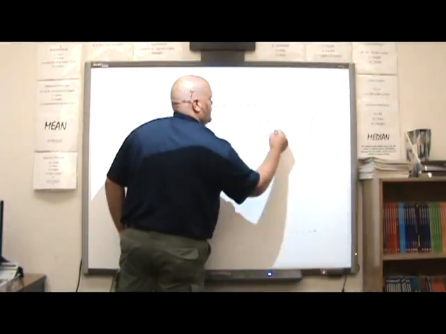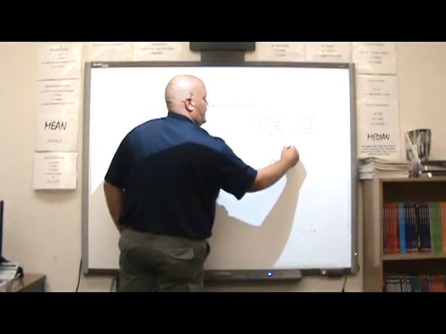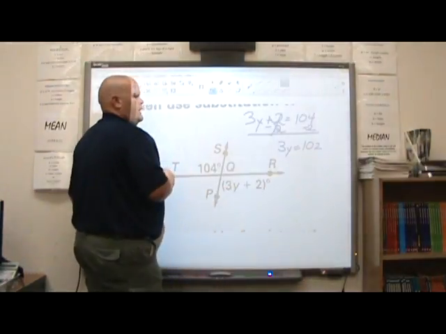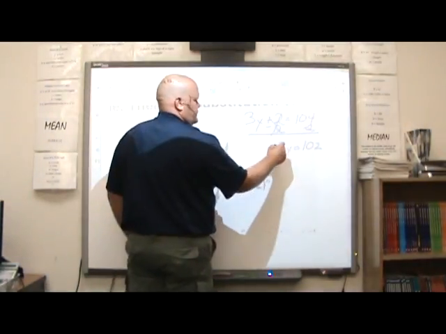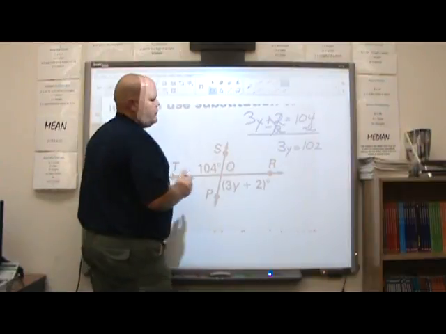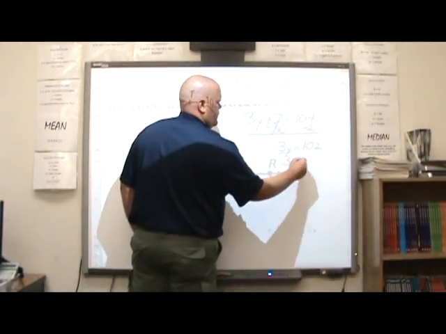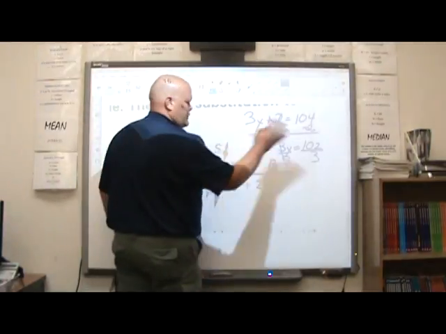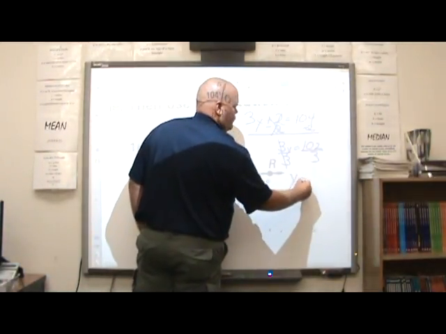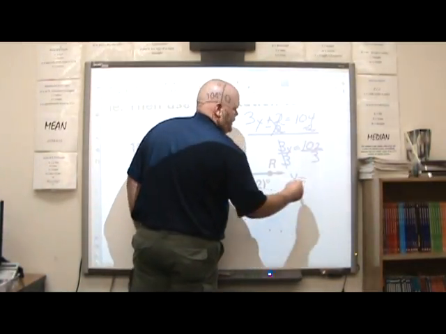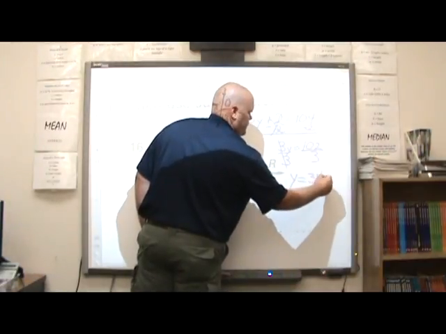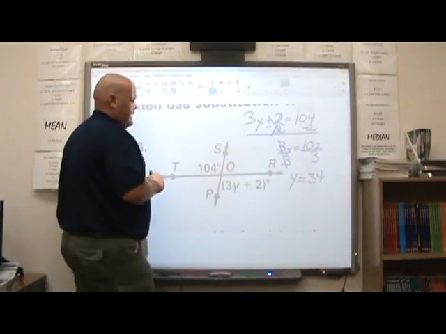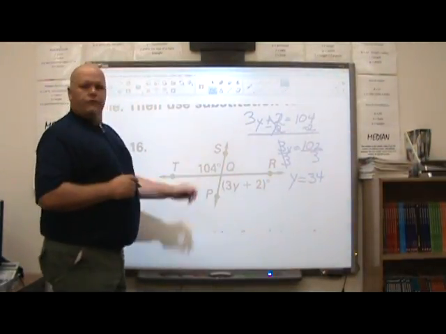These cancel out, leaves me with 3y equals 102. I'm going to get rid of this coefficient. It's multiplied to the variable, so I'm going to divide both sides by 3. 3 divided by 3 gives you 1, cancels out, leaves me with y, and 102 divided by 3 equals 34. So we would plug 34 in here, and we find out that it does indeed equal 104 degrees.